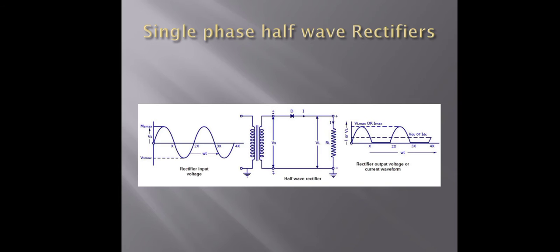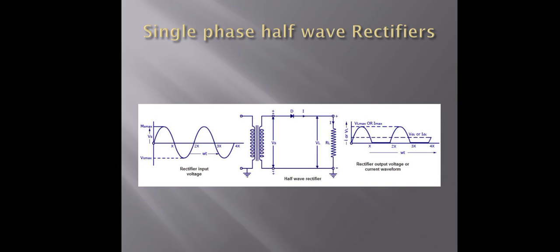Then the diode is forward biased, as the anode is positive with respect to the cathode, and the resulting current flows through the diode. The current flowing through the load R is proportional to the voltage, and the voltage across the resistor will be the same as the supply voltage.